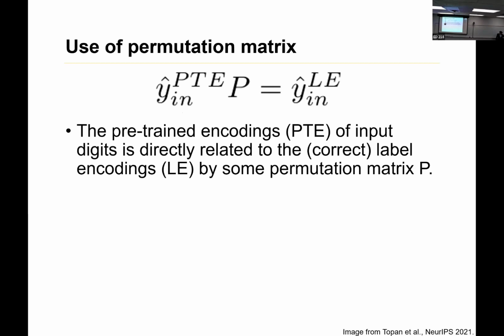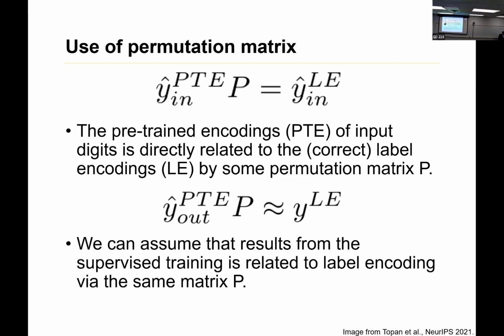Okay, so the idea here is that the pre-trained encodings of the input are related to the label encodings of the actual digits through some permutation matrix P. So this is the beginnings of their theory on how they improve the loss function.